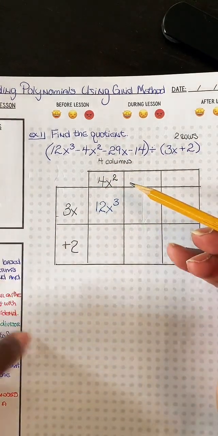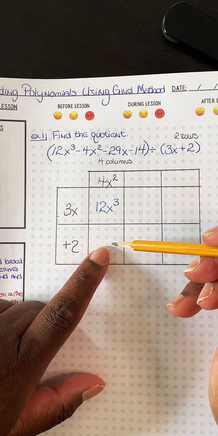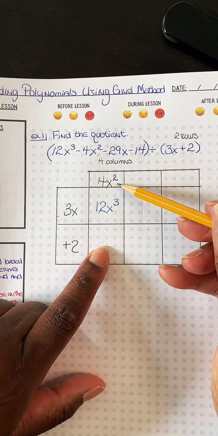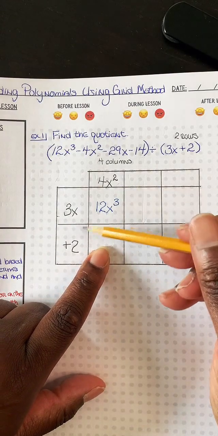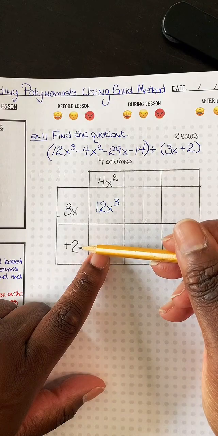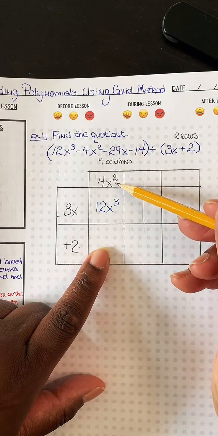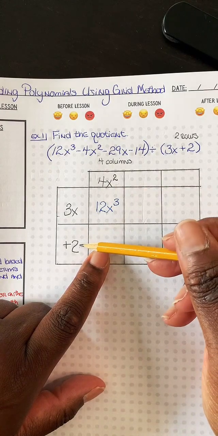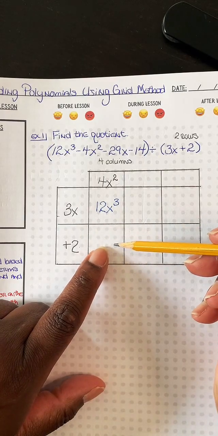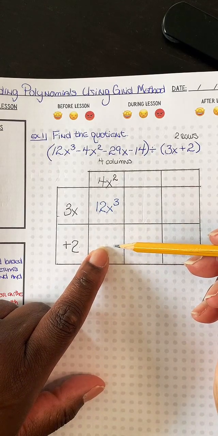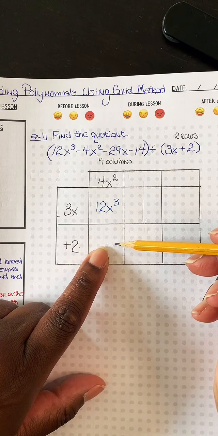So now, to fill in this box, I'm going to use this 4x squared, and I'm going to multiply it by 2. Okay, so 4x squared times 2 will give me what? Make sure it's times.